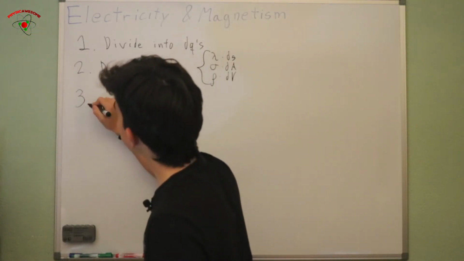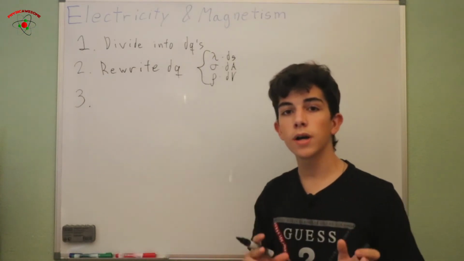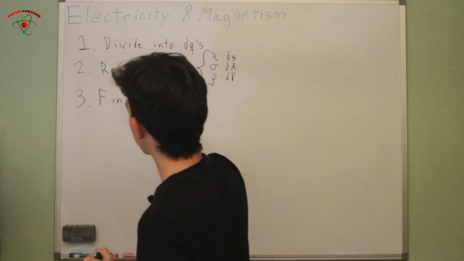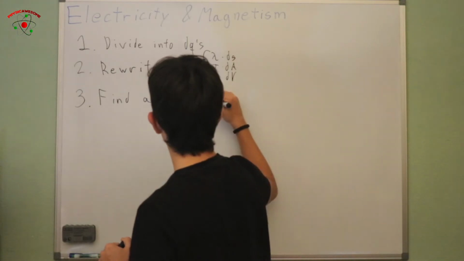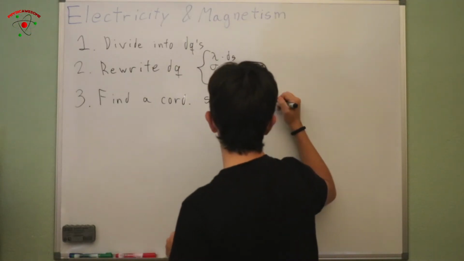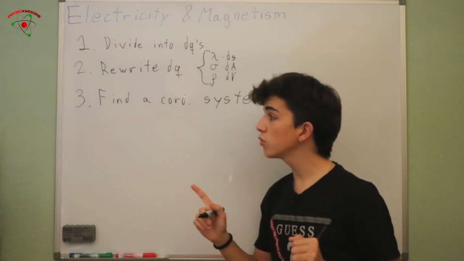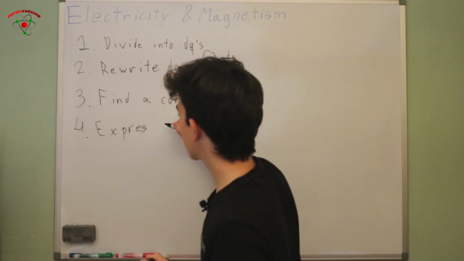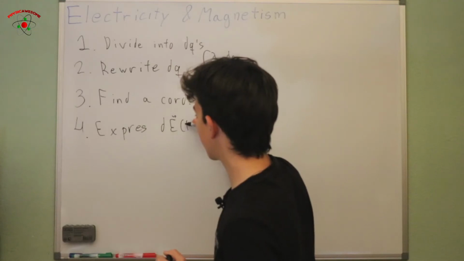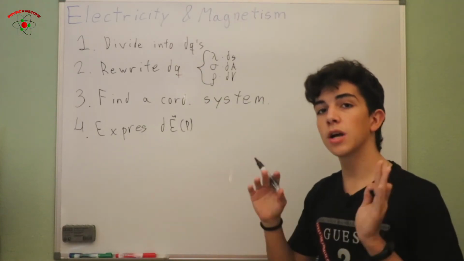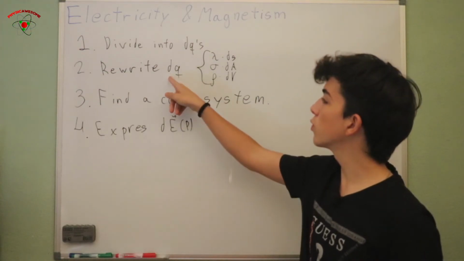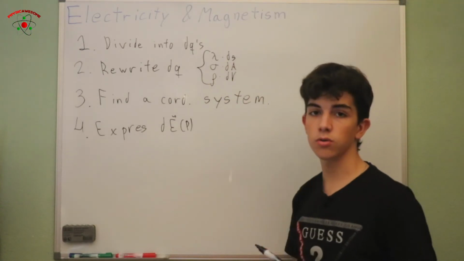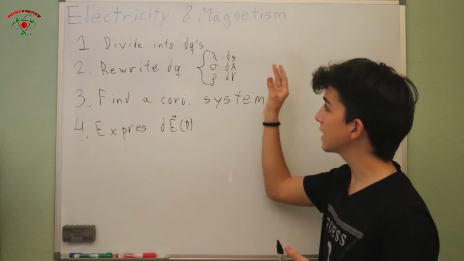Then the next step is to find an appropriate coordinate system. Then you need to express dE at the point P in terms of variables that you can integrate. That means that you need to rewrite dq in terms of this volume or area or line elements, so that you can integrate in them.